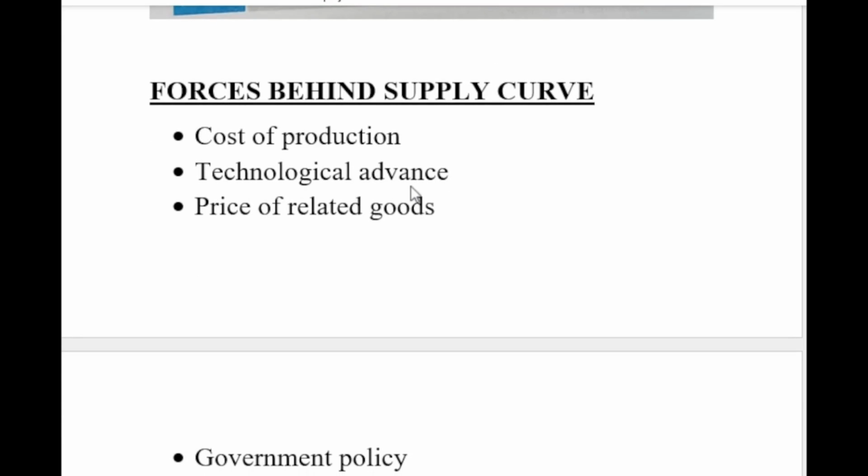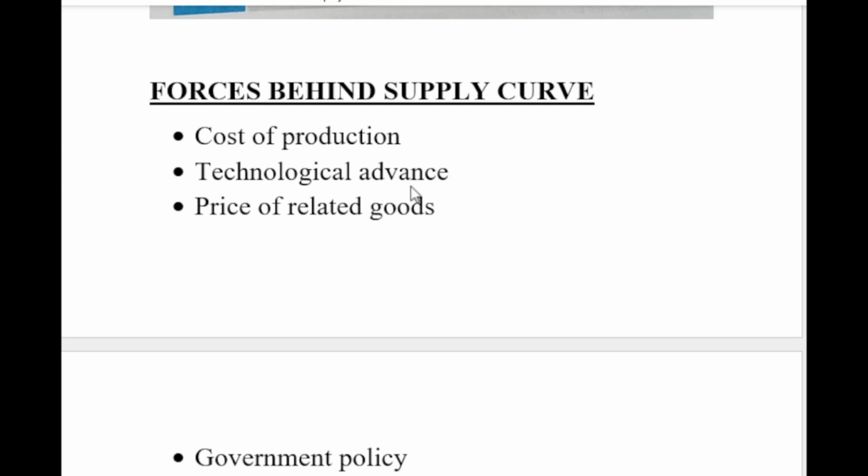Another is technological advance. Technological advance means that if automobiles were produced by laborers, they would produce a very small quantity of automobiles. But if they upgrade their plant and apply machinery and computer systems in their plant, the supply of automobiles will rise.